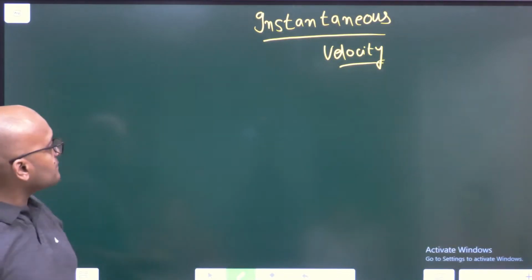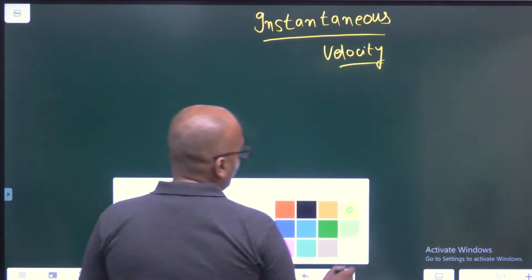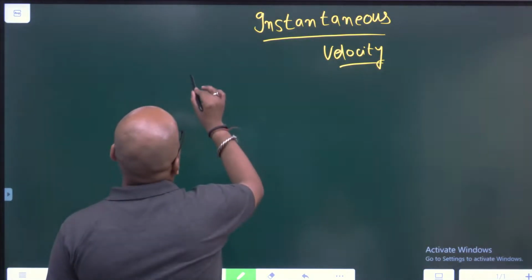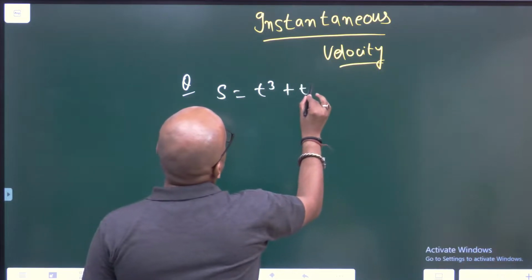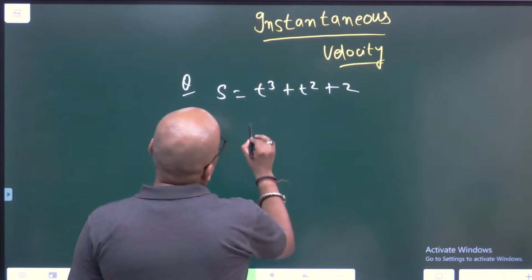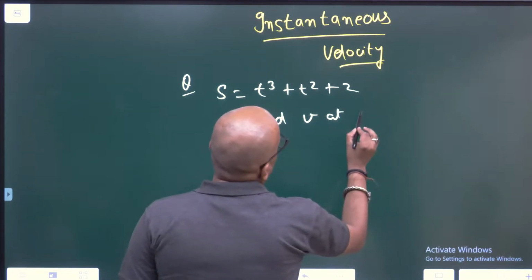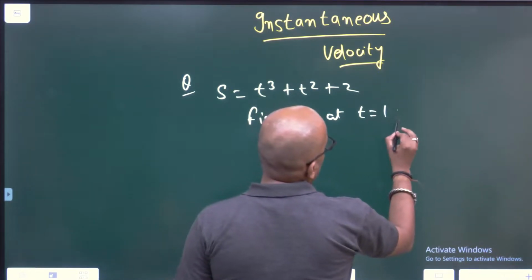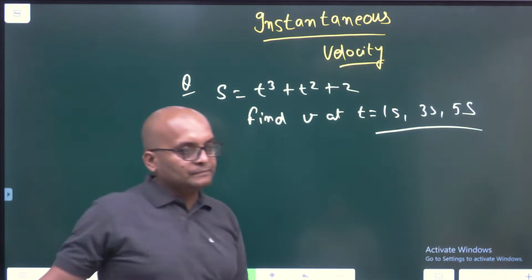So my first question, very easy. S is equal to t cube plus t square plus 2. So find V at t equals to 1 second, 3 second, 5 second.